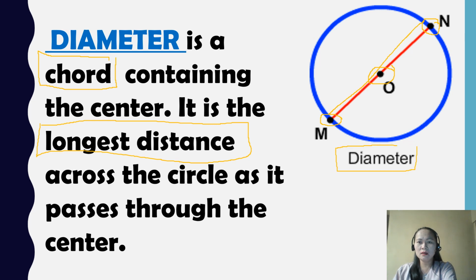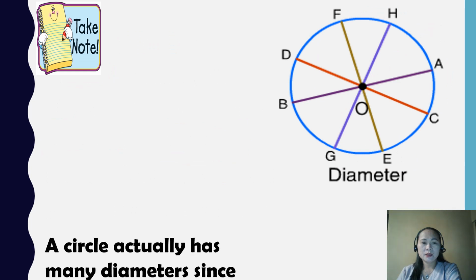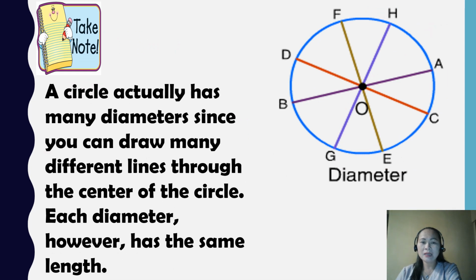As you can see in the figure, diameter is twice the radius of the circle. A circle actually has many diameters since you can draw many different lines through the center of a circle, and its diameters are of the same length.